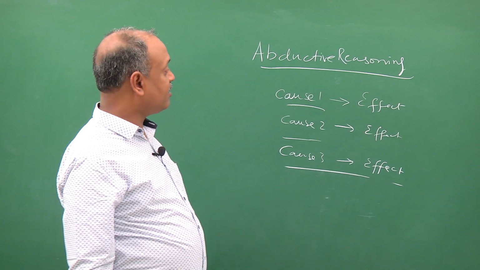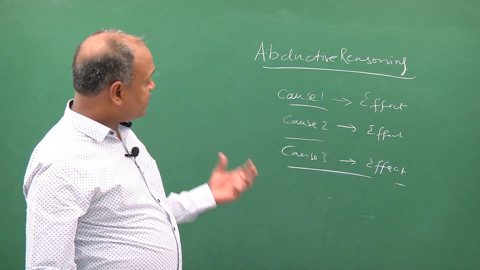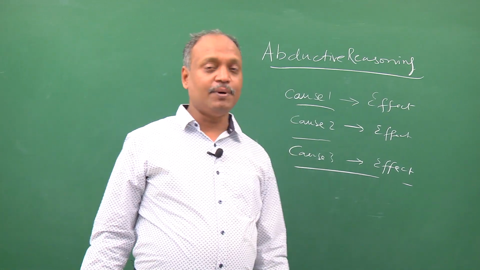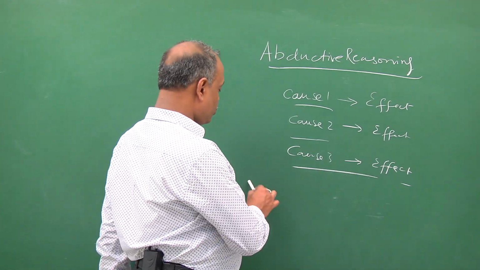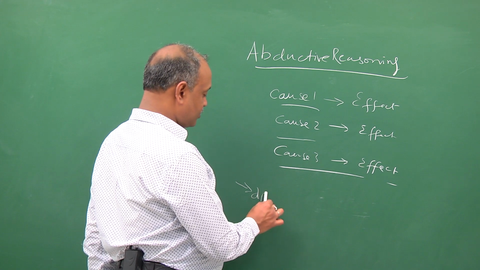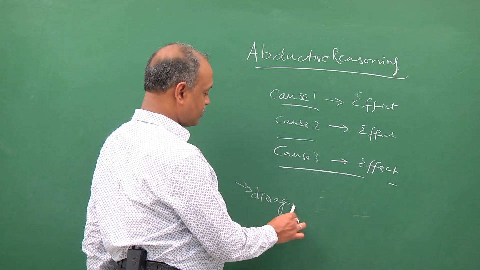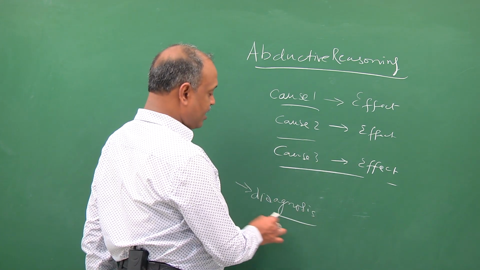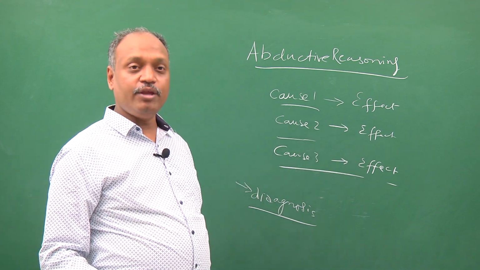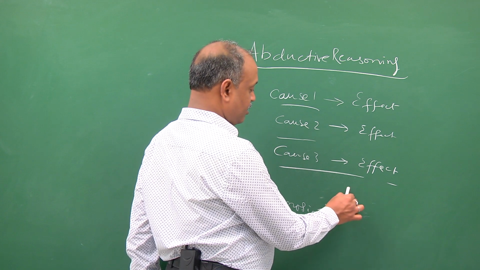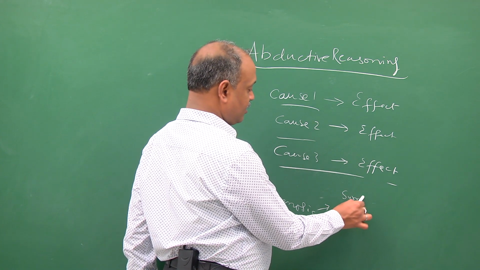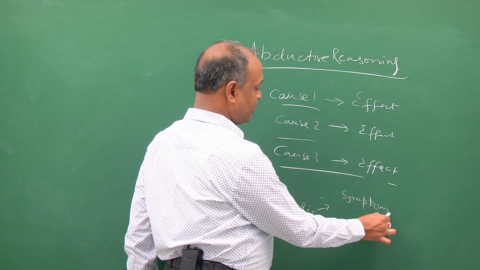So when you say there are multiple causes to the same effect, the kind of use cases which are applicable in terms of abductive reasoning are those which typically involve some kind of a diagnosis. When you say diagnosis, we usually observe a visible effect, also known as symptom, right?